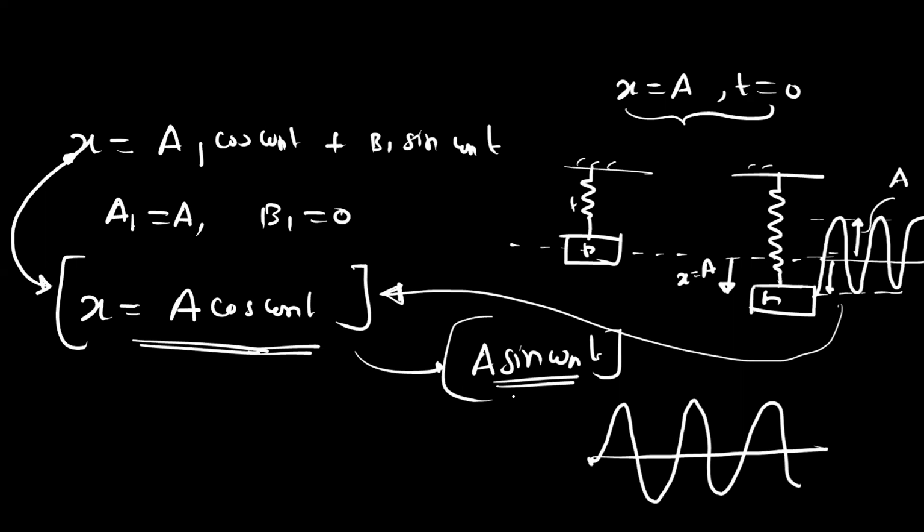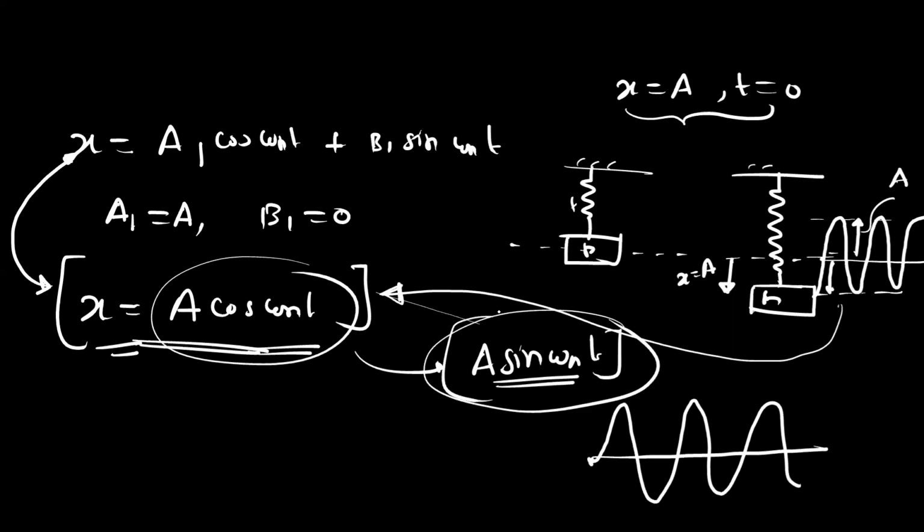Therefore, free undamped vibration can be represented by this equation or by this equation. This is the complete derivation, starting from the equation of motion, then using the D operator method, finding the complementary function, and finally using the proper boundary conditions, we get x is equal to A cos omega n t.